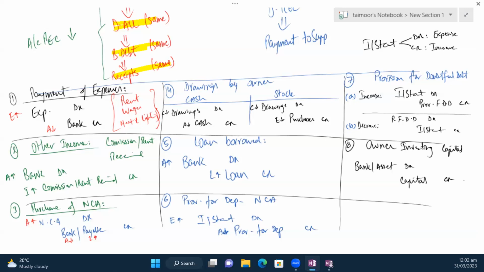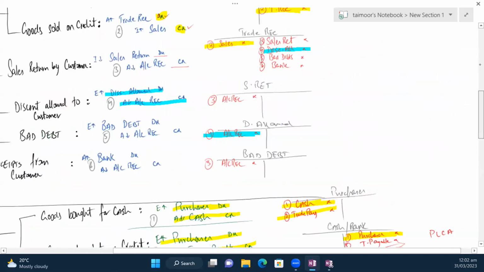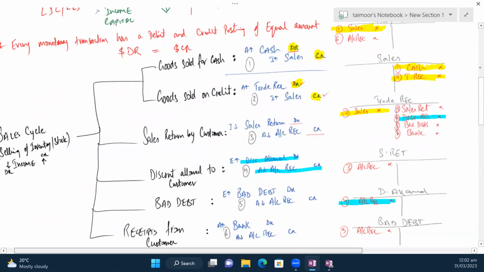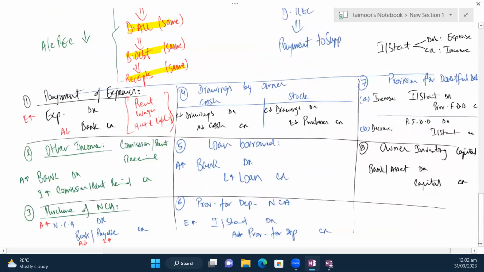So ठीक है जी. Let's just move ahead then. So these were the basic journal entries that you need to know. We did that through sales cycle, purchase cycle, and by doing that, we came across the basic accounting principle. उसके बाद some miscellaneous entries. ठीक है जी, these were the miscellaneous entries.